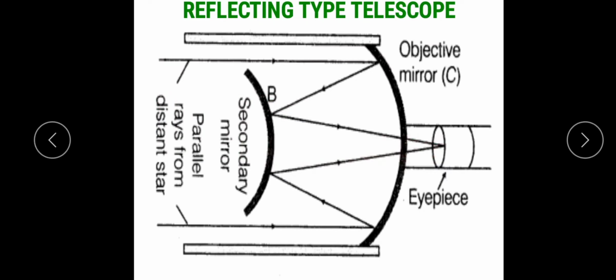This is the principal axis here. The mirror tends to converge these rays to its focus.